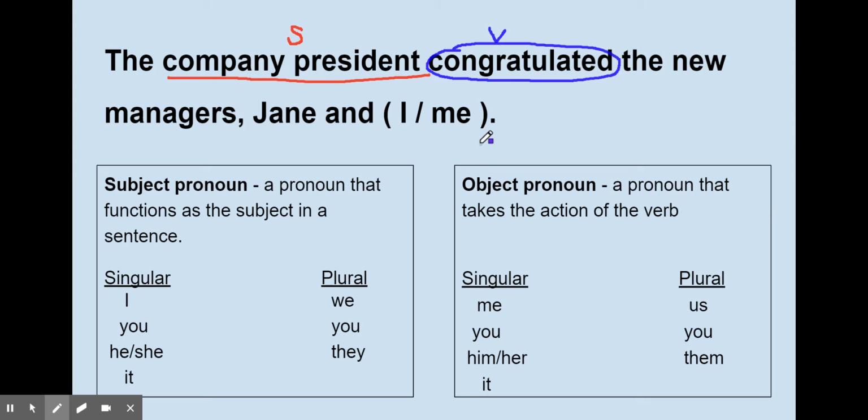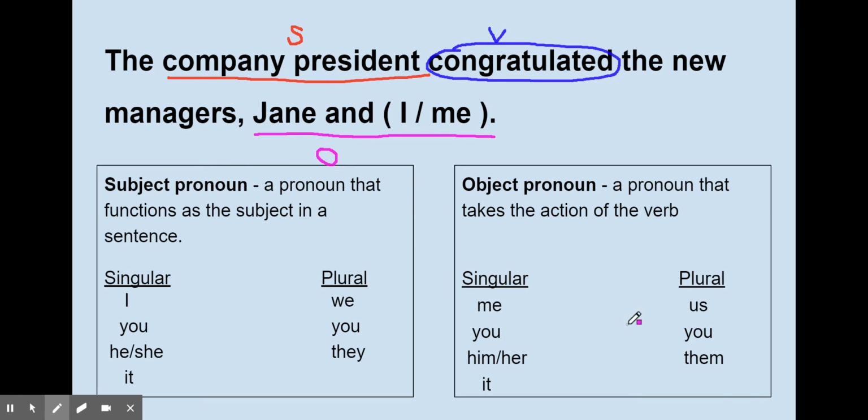Now, what's receiving the congratulations or who is being congratulated? That is our object of the sentence. So we know that it's referring to the new managers, right? And the new managers are Jane and blank. So actually, the object of the sentence receiving the congratulations would be the new managers, Jane and blank is my object, so O for object.